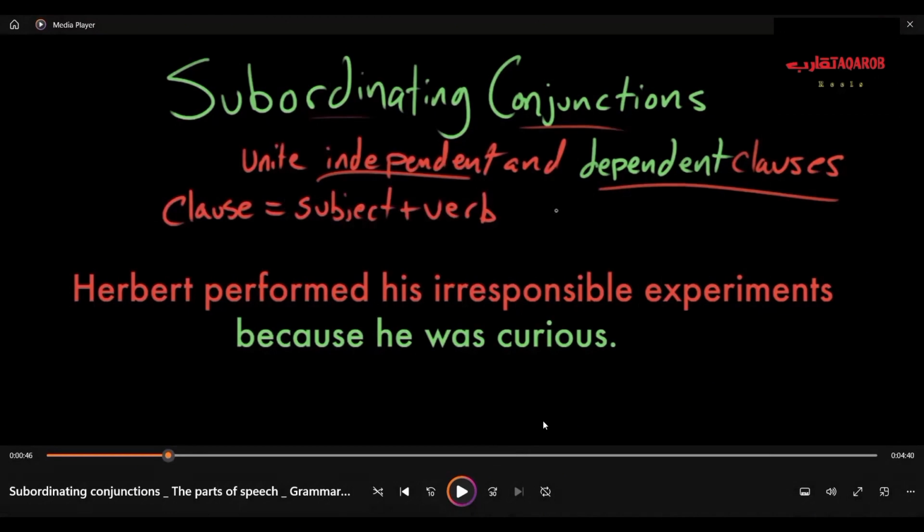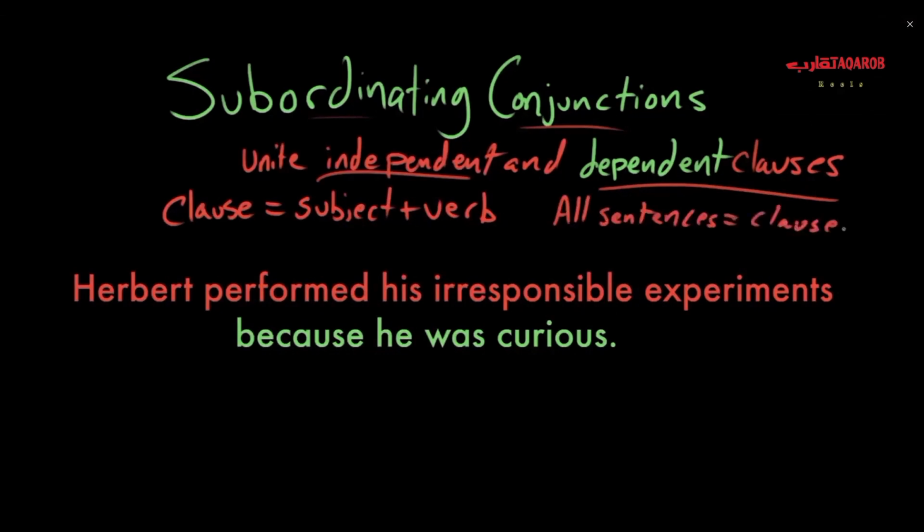But sometimes a sentence has a complete meaning, while a clause sometimes has an incomplete meaning, like the subordinate clause. Both are clauses, but not all clauses are sentences. I'll write that down: all sentences are clauses, but not all clauses are sentences.